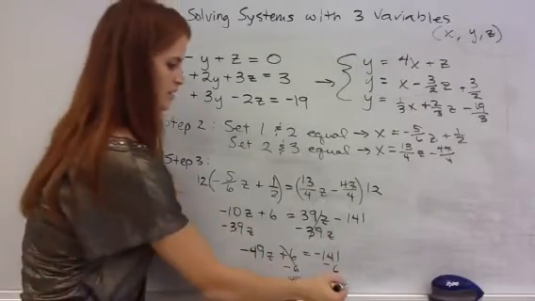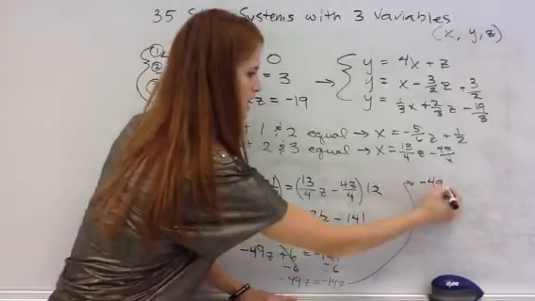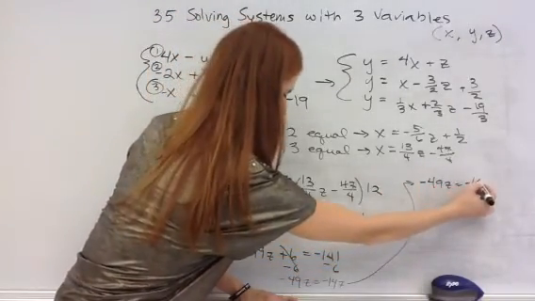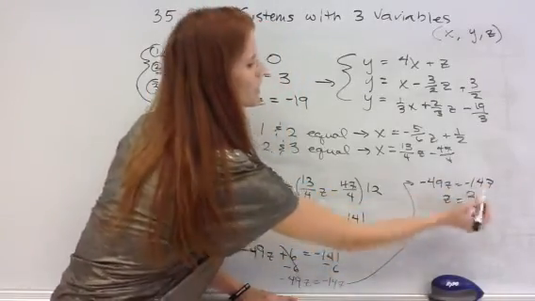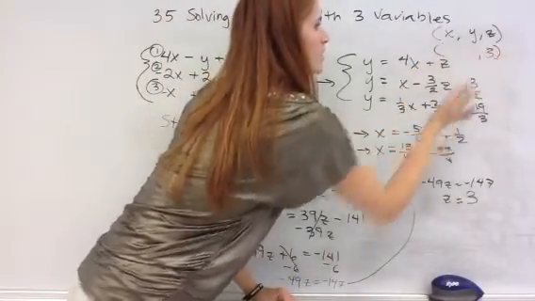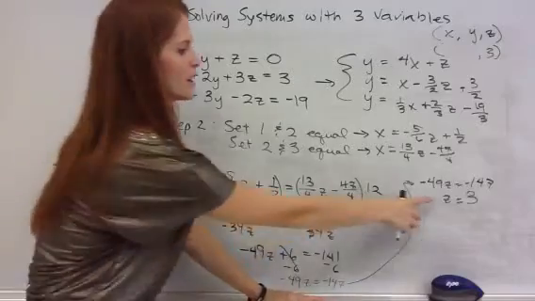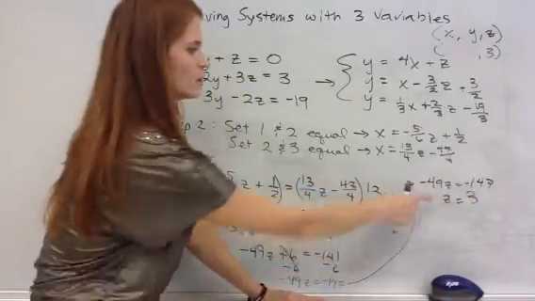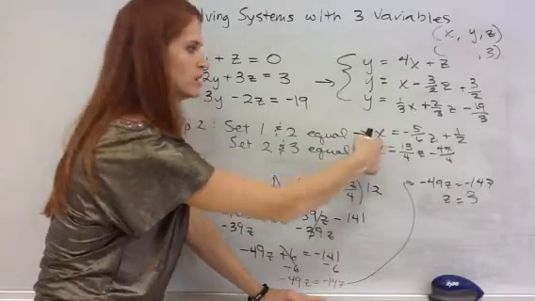Almost done. So negative 49z, negative 147. I divide, and z is 3. Yay, I found z. I still need to find x and y. However, now that I know z is 3, if I were to plug 3 in here, would I be able to find x? Sure. So let's do that.